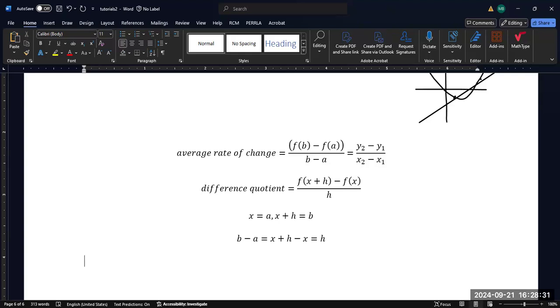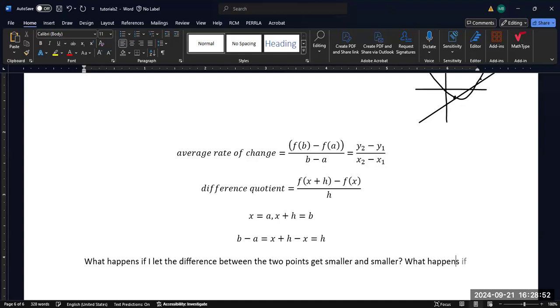But when they're close together, then I'm going to get a much narrower window of behavior. So what happens if I let the difference between the 2 points get smaller and smaller? What happens if h goes to 0?